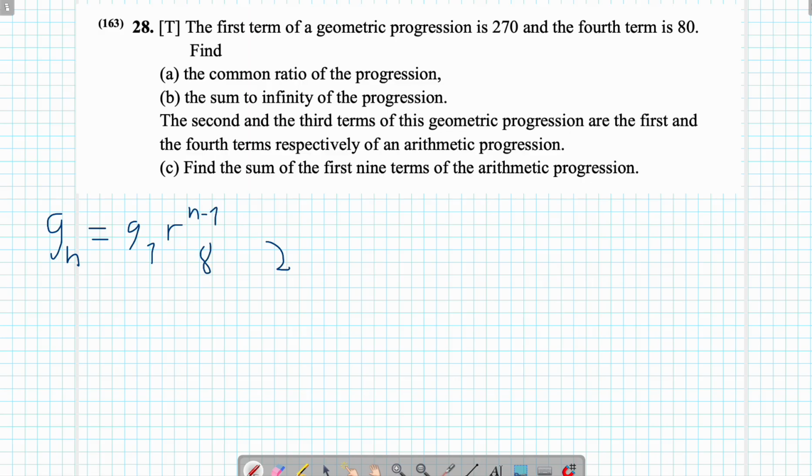So 80 is equal to 270 times r cubed, right? Plug this into the calculator. You get that r is 2 over 3.